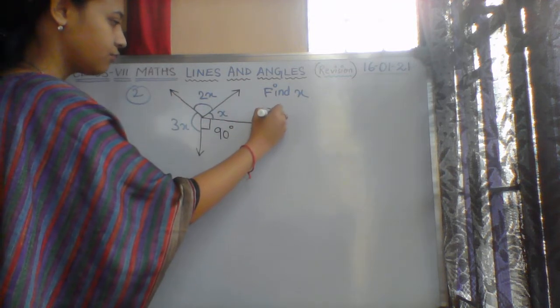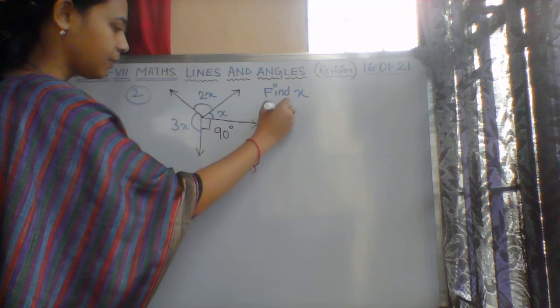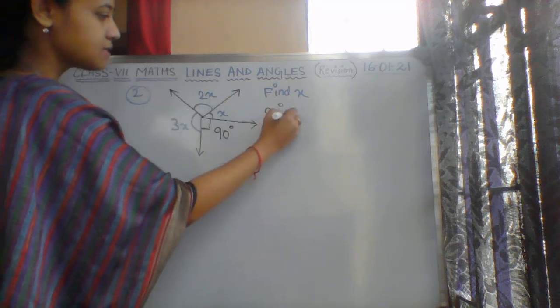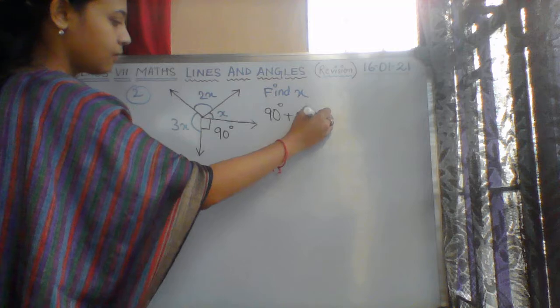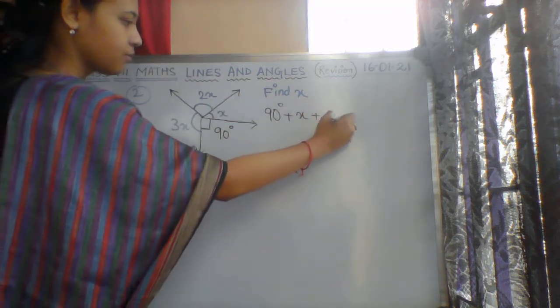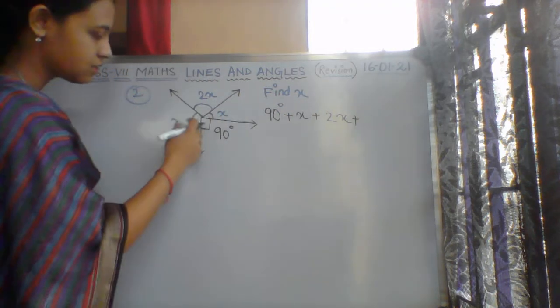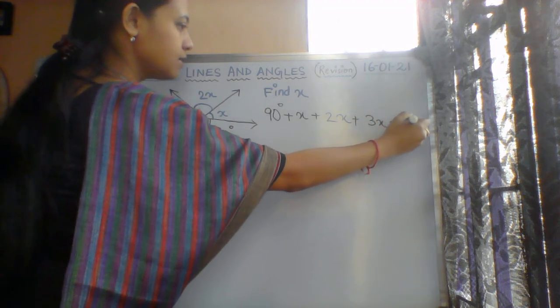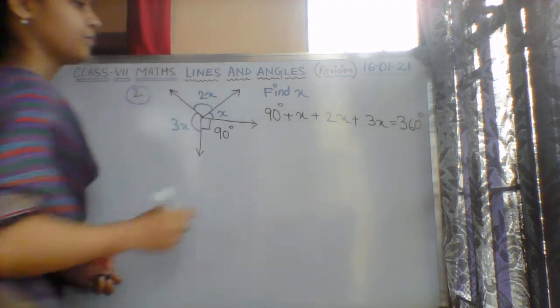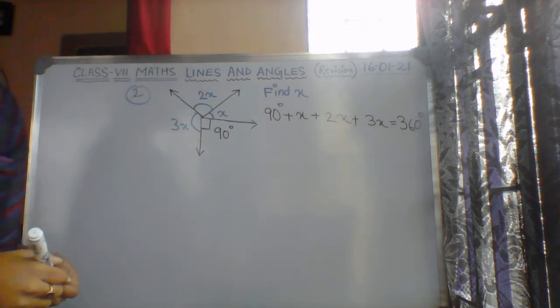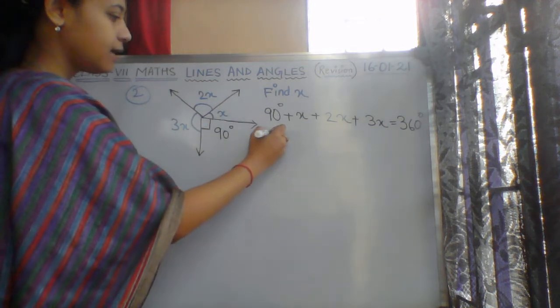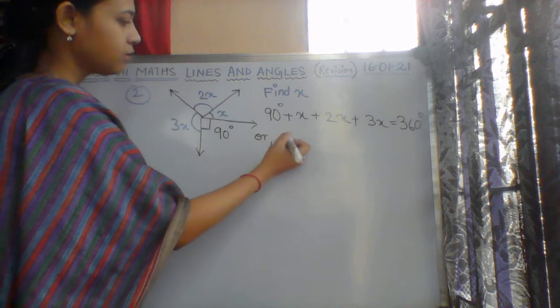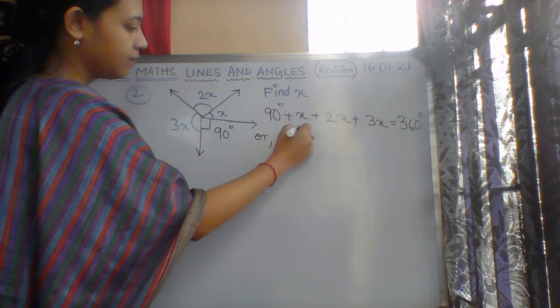So if I add 90 degrees, starting from this, plus x, plus 2x, plus 3x, it must come to 360 degrees.